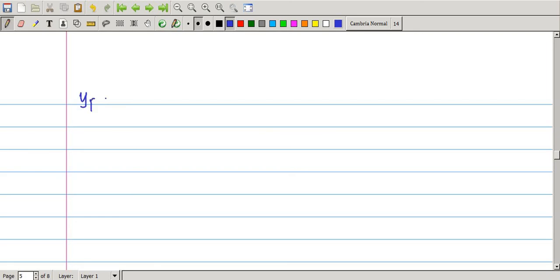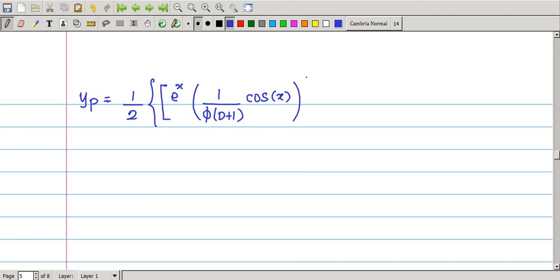Therefore, the particular integral now reduces to 1 upon 2 as it is. We take the exponential function outside. We replace d by d plus 1 and operate it on cos x. In the second term, we take e raised to minus x outside and we replace d by d minus 1 and operate it on the trigonometric function cos x.